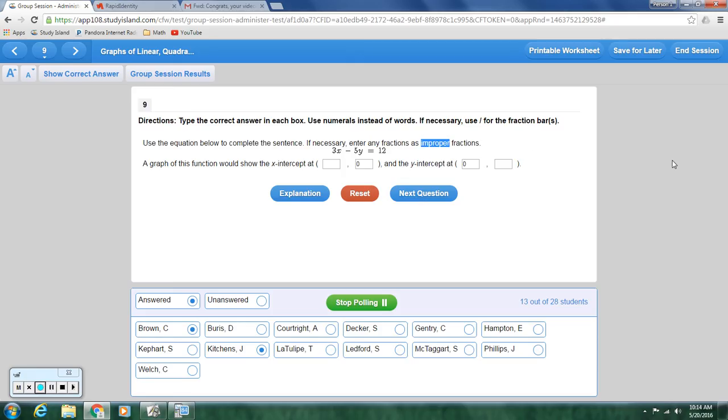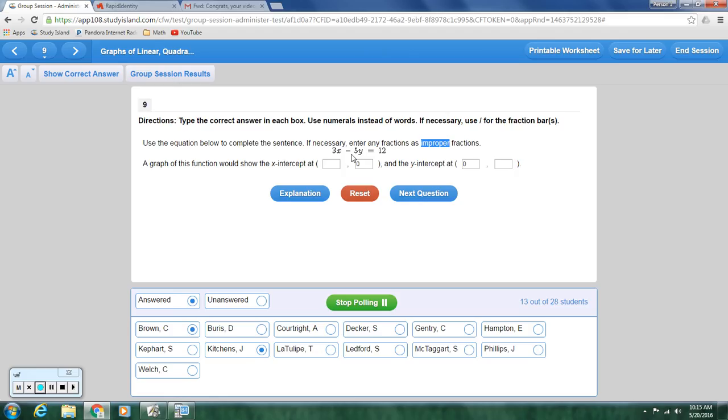I cover up the x, like I pretend I'm putting a 0 in for x and I figure out what y is. If I cover up the x, then I'm left with negative 5y equals 12, and I can solve for y from there. If I cover up the y, I can solve for x, because I'm left with 3x equals 12. The finger method, remember we talked about the finger method? To me, that part's easier.